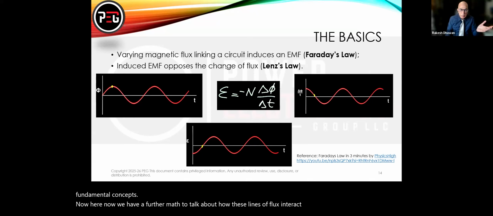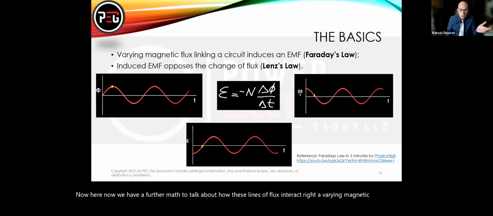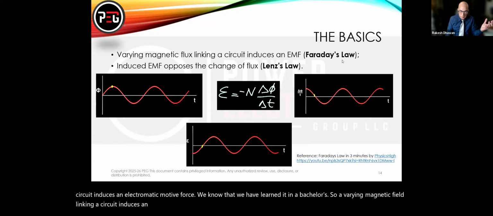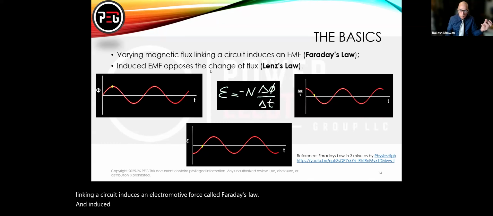A varying magnetic field linking a circuit induces an electromotive force. We have learned this in a bachelor's. This is called Faraday's law. And the induced electromotive force opposes the change of flux, Lenz's law, right?